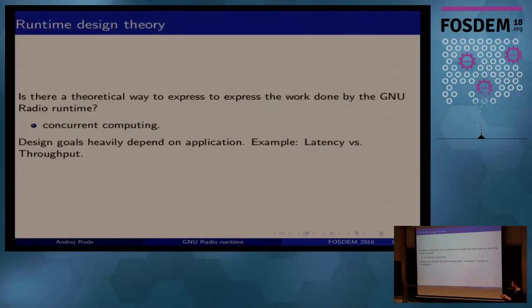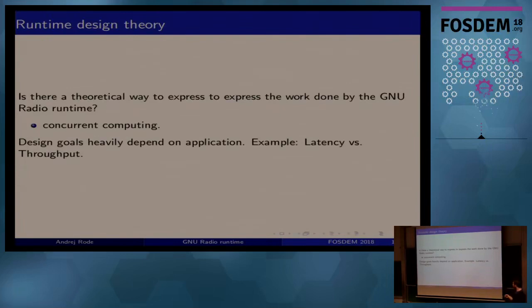The first thing is design theory. There is already a thing called concurrent computing that describes what GNU Radio is doing if we leave out all the digital signal processing and the radio related stuff. Basically what we try to solve is concurrent computing.